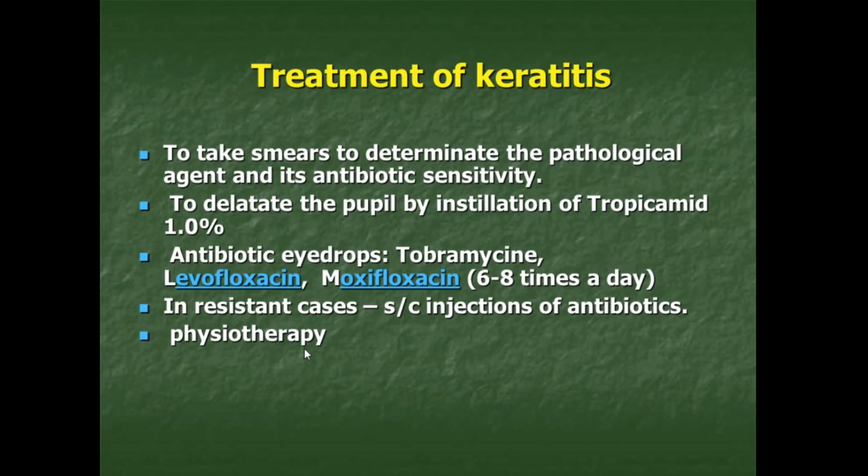We should dilate the pupil by instillation of tropicamide, and we should prescribe antibiotic drops, new wide-spectrum antibiotics like tobramycin, levofloxacin, moxifloxacin, 8 times per day. In severe cases, we also prescribe subconjunctival antibiotic injection.